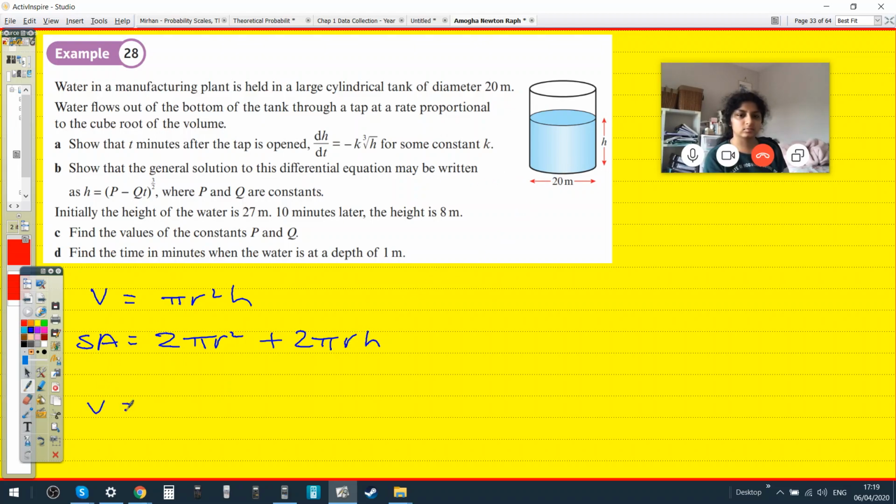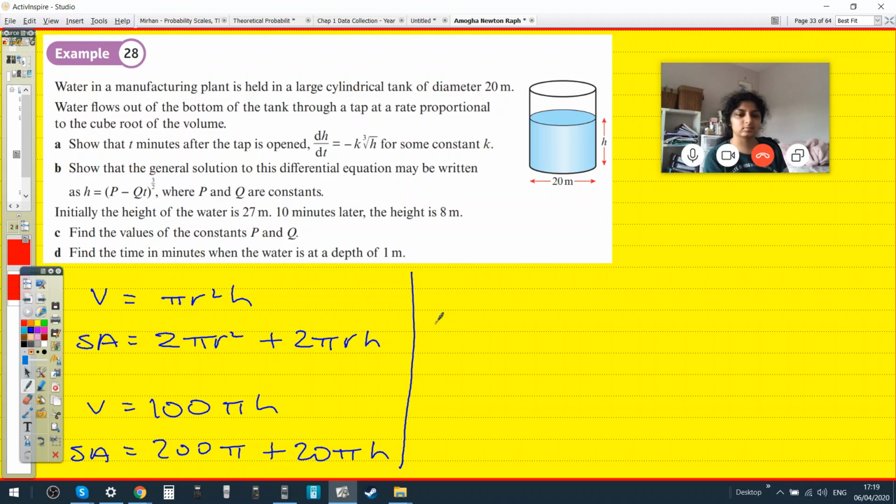So we said the volume was 100 pi h, and the surface area is 200 pi plus 20 pi h.